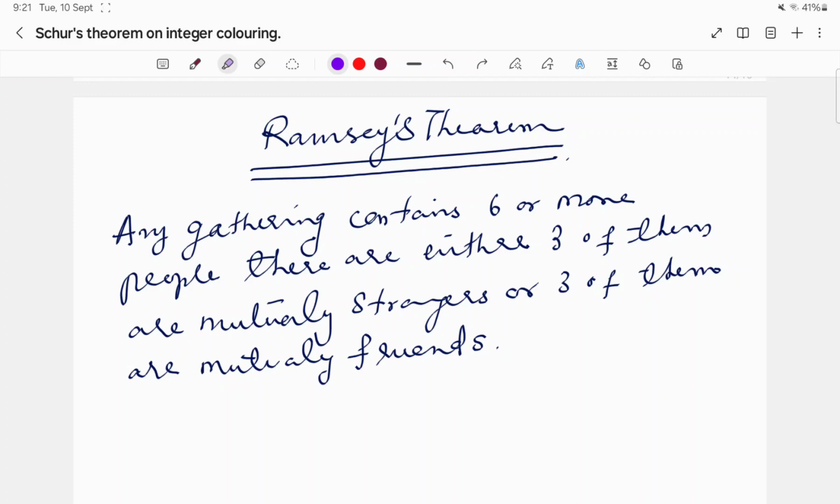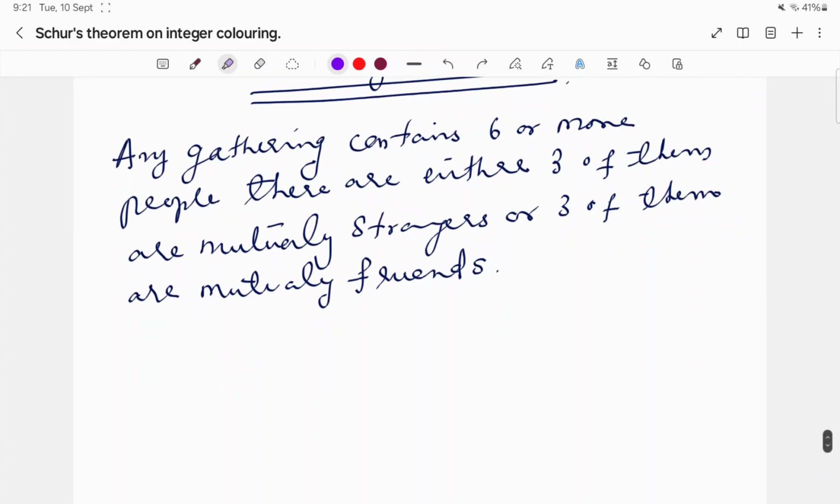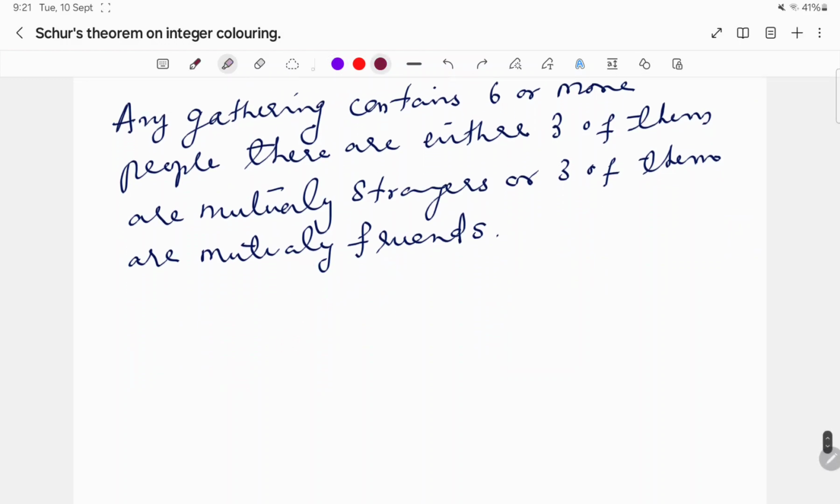I have to formulate this into relations and graphs. Suppose you have 6 people. I denote these 6 people as 6 vertices.